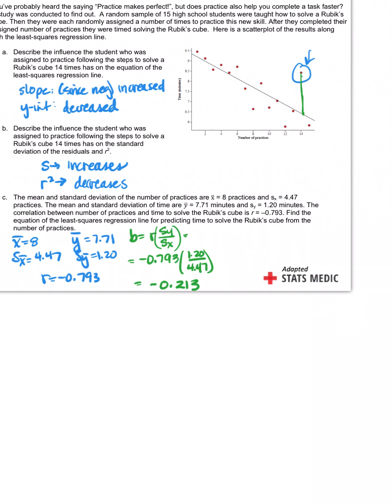And then to find a, we said we're going to do what? y bar, 7.71, minus our slope times x bar, which was 8. So when I do all that, I get 9.414.